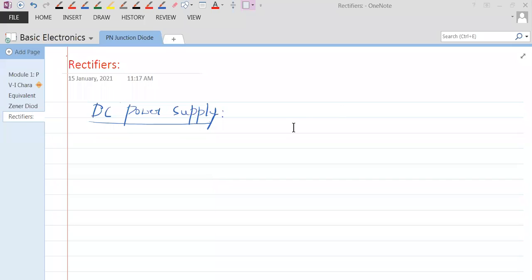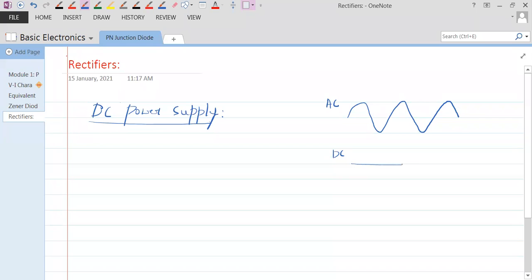What is AC and DC? Let's understand. Okay, what is AC? See here, everybody. This is AC, the one which keeps alternating like this, which keeps varying like this. This is AC signal. How does the DC signal look like? See, the DC signal looks like this. This is regulated output.